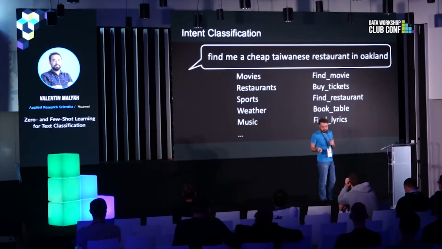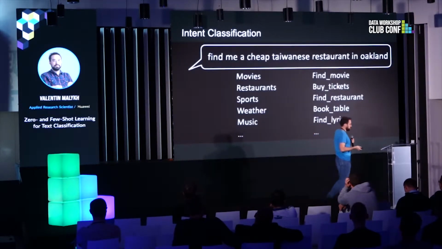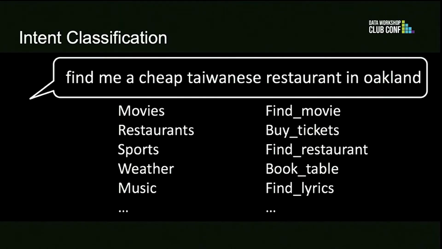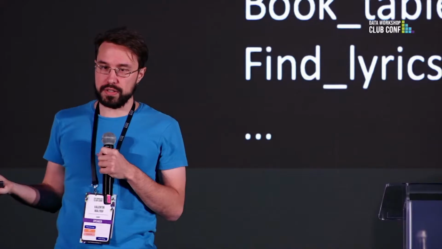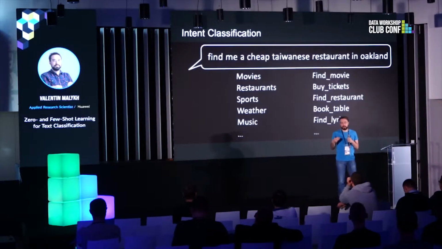Another thing is so-called intent classification. Intent classification is when we want to understand what our user actually wants. Like if we have this phrase about the Taiwanese restaurant as before, we should understand this is not about movies, it's about the restaurant. And this is when we actually need our multiple semantic frames.